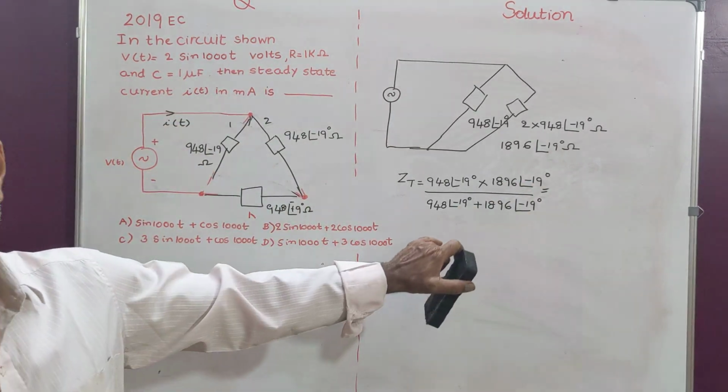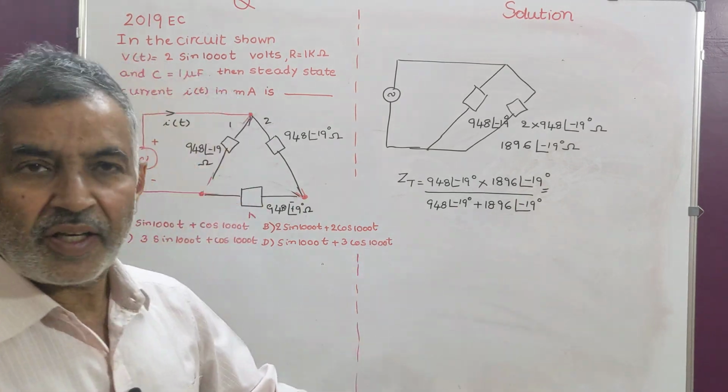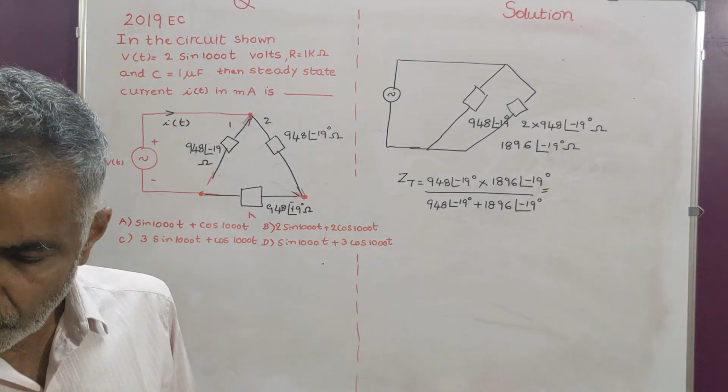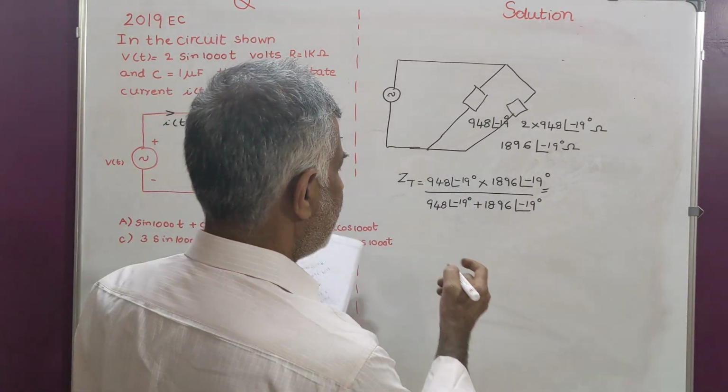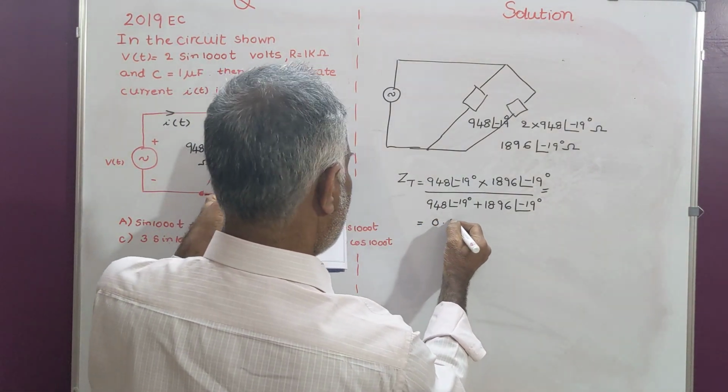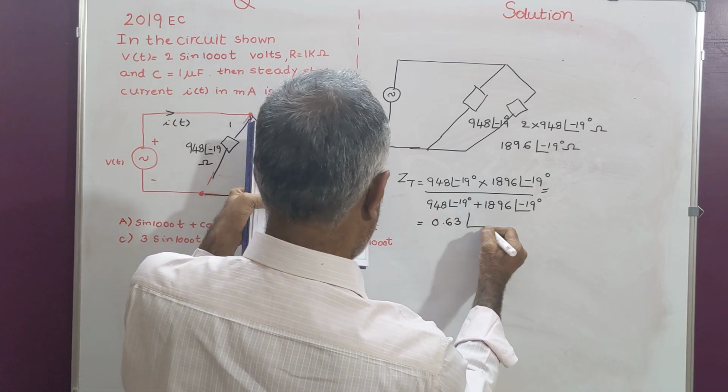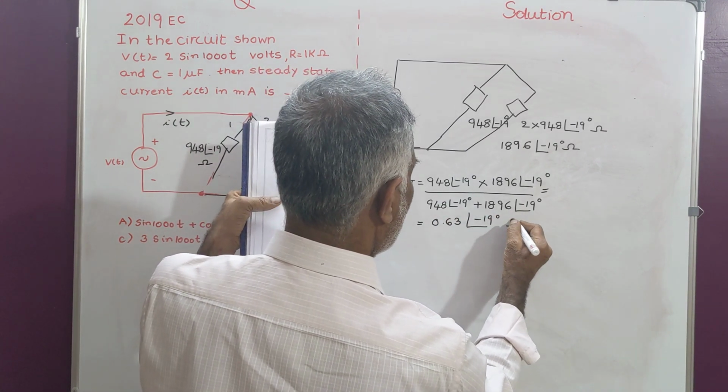You have to convert polar form to rectangular form in the denominator and then add. If you simplify, you will get 0.63 angle minus 19 degrees ohms.